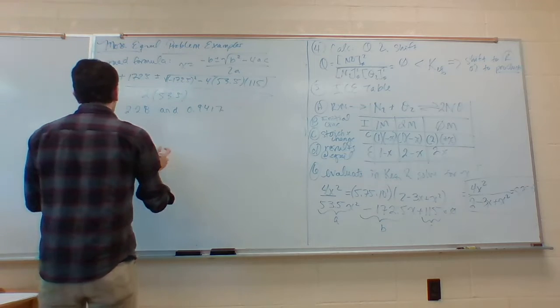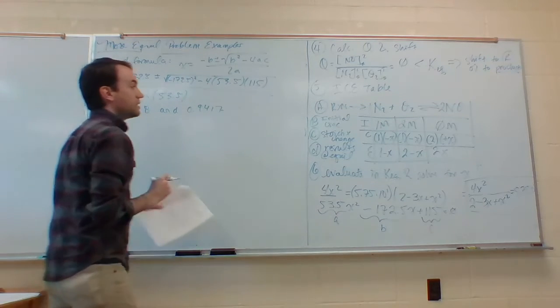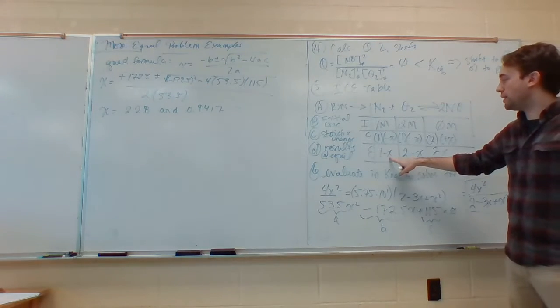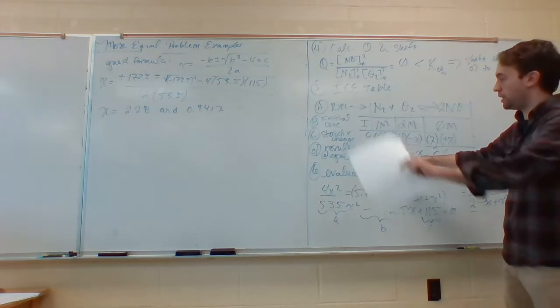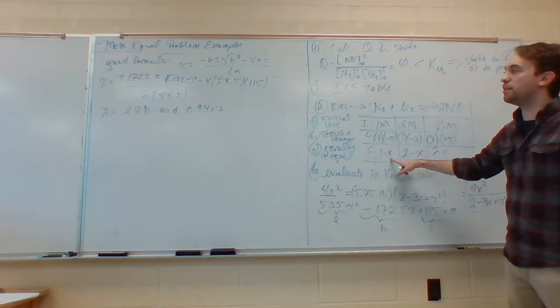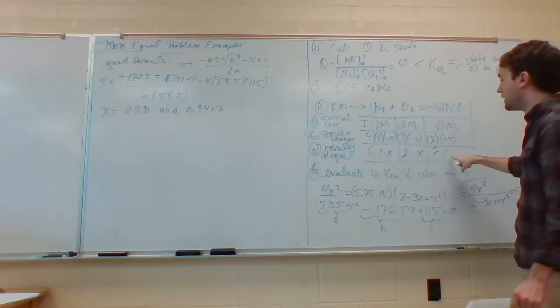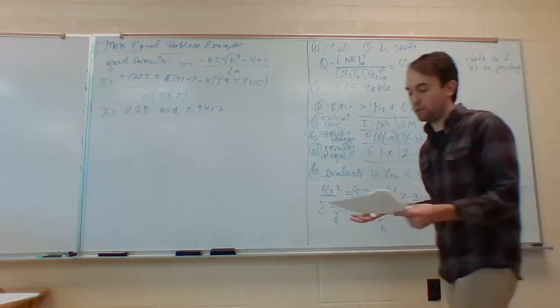All right, now notice, right, that if we use x as 2.28, if I subtract 2.28 from 2, so if I put in 1 minus 2.28, that would give me a negative 1.28. That means that if I got a negative number when I put it into here for my equilibrium concentrations, I can't have a negative concentration, right?